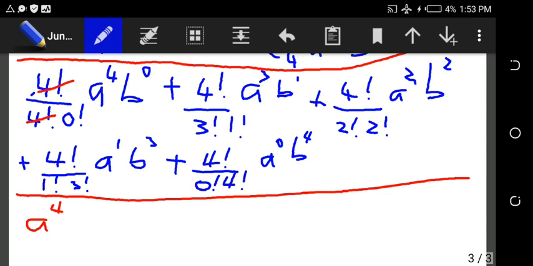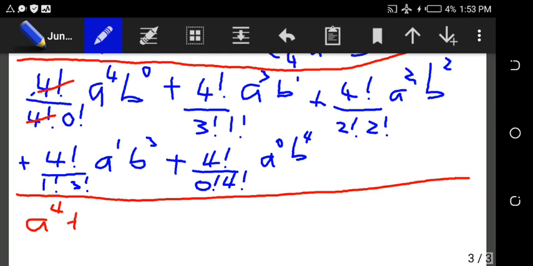Simplifying all this gives us 1, b raised to power 0 gives us 1. So we're having 1 times a raised to power 4 times 1, and that will give us a raised to power 4. You might as well go ahead and simplify that yourself to see how that works out. Okay, over to the next one.